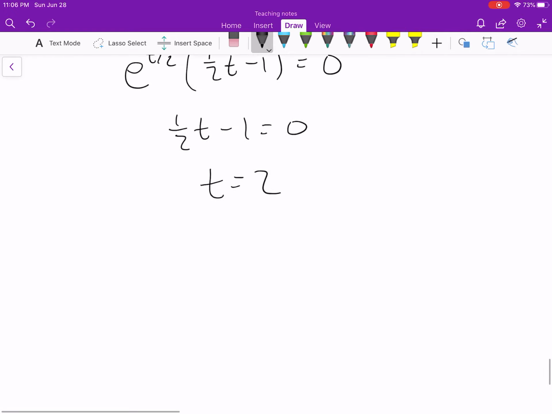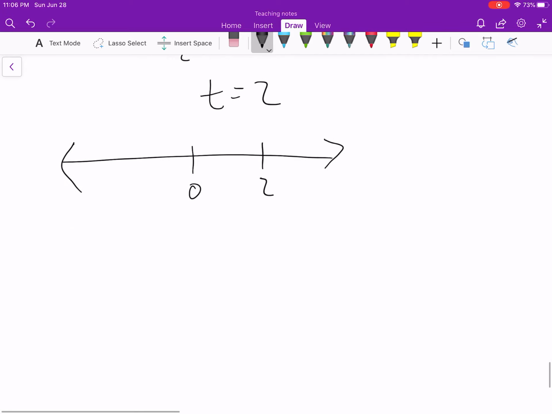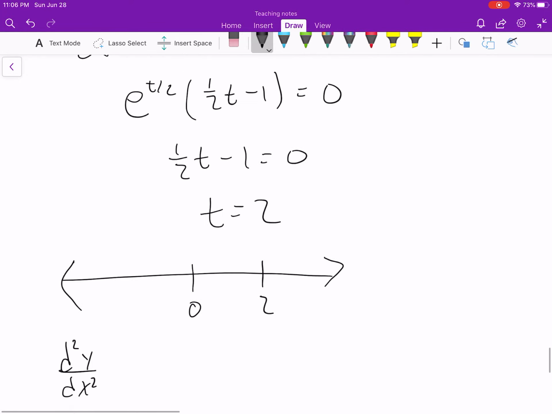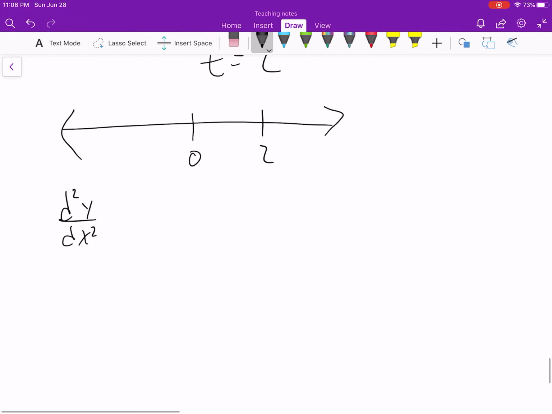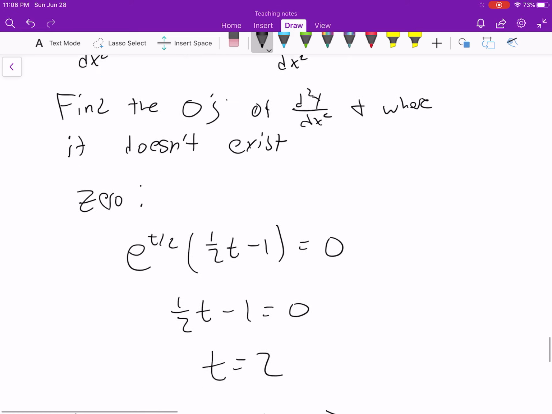So what I do now is I create one of these sign charts where I section off all the places where the derivative is 0 or doesn't exist. And I just pick a number to plug in. So d squared y dx squared, I'm going to evaluate that at -1. I don't even need to figure out what the number is. I just need to figure out if it's positive or negative.